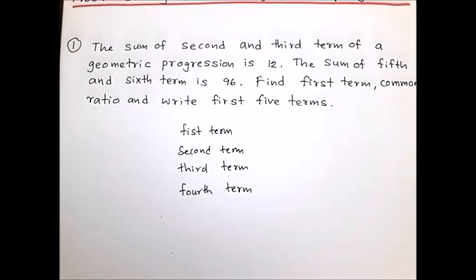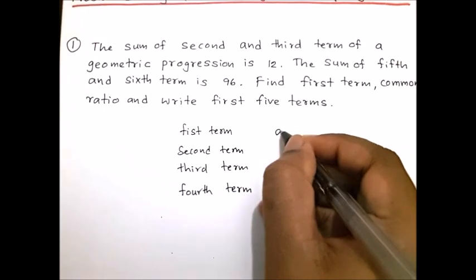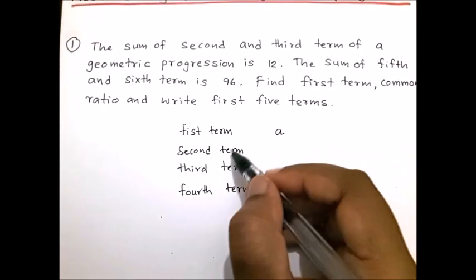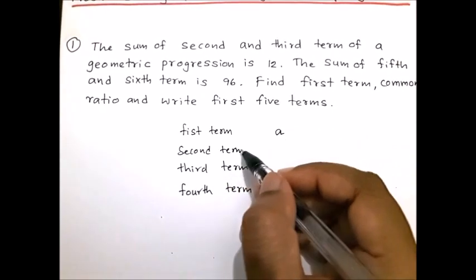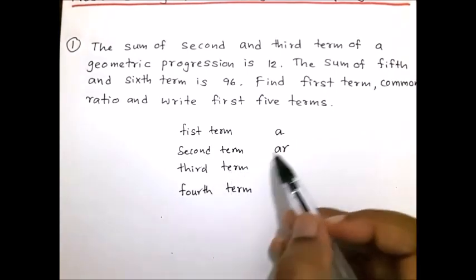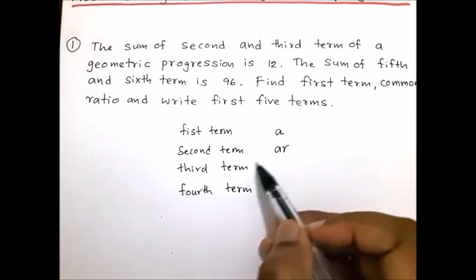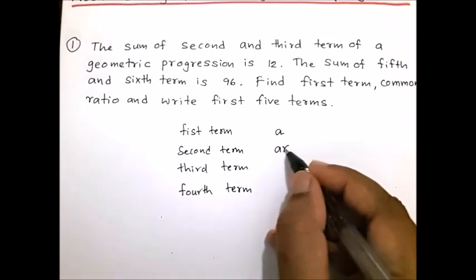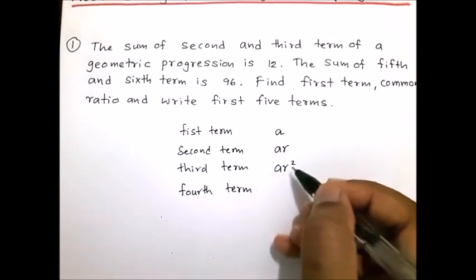Now I am going to write the first 4 terms of a geometric progression using their symbols. First term we take A. Second term: to obtain second term, multiply first term by R. It is AR. To obtain third term, multiply second term again by common ratio. AR multiplied by R, AR to the power 2.